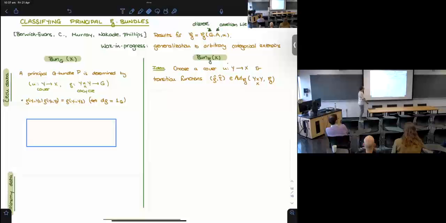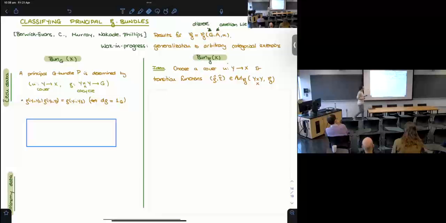And so here's the idea for how we would do the same thing in our higher categorical setting. First I'm going to start with a cover over which I can trivialize. So over Y, I'm assuming that I have a trivialization and therefore I get transition functions on the overlaps.